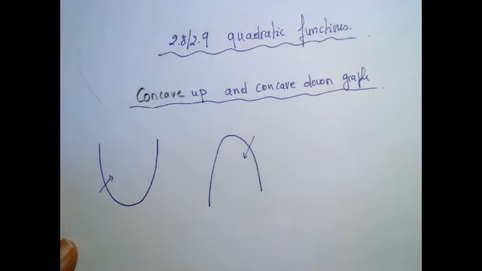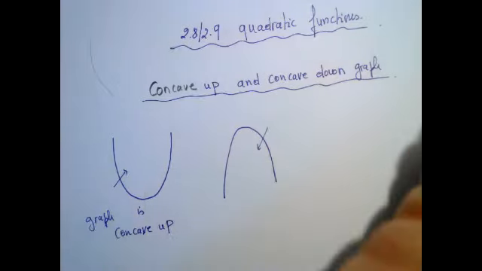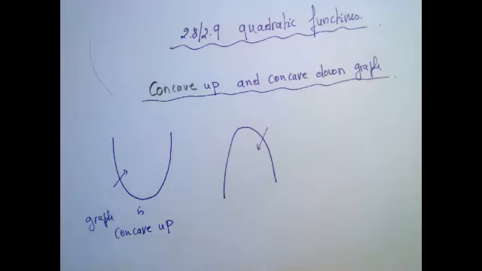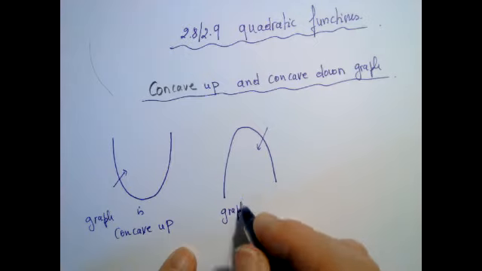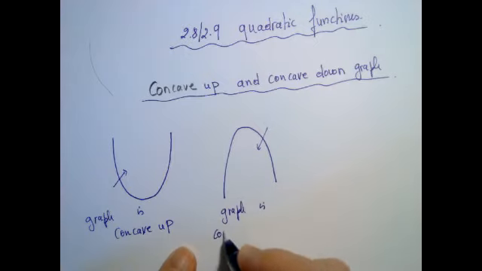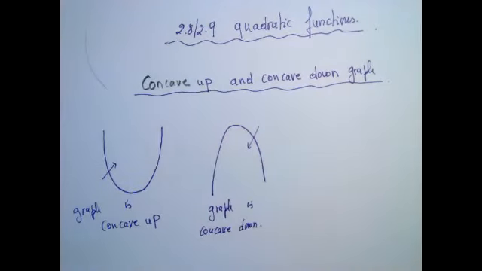So in the first case, we say that the graph is concave up when the curvature is up. So it's like a cup, concave up. And in this case, we say the graph is concave down. So very important words about a graph.